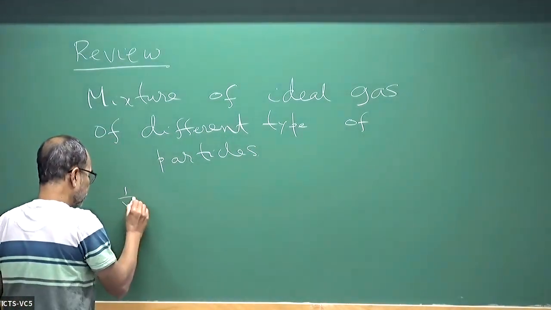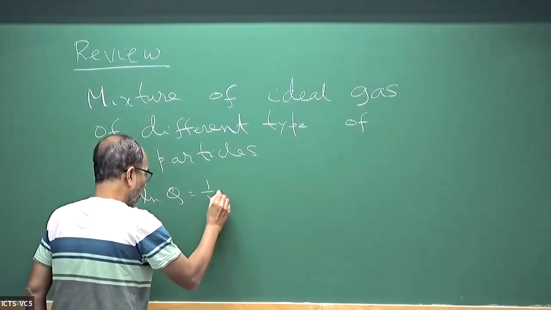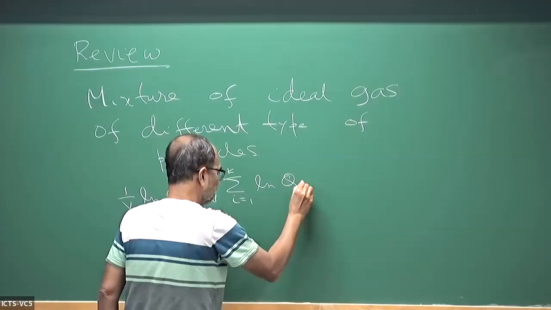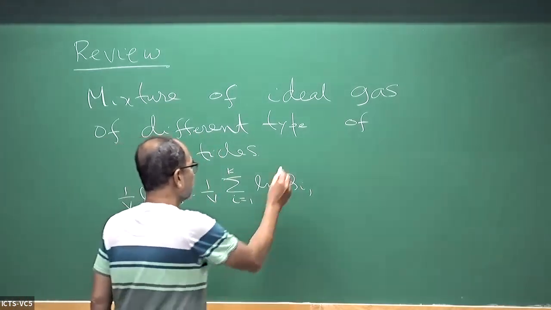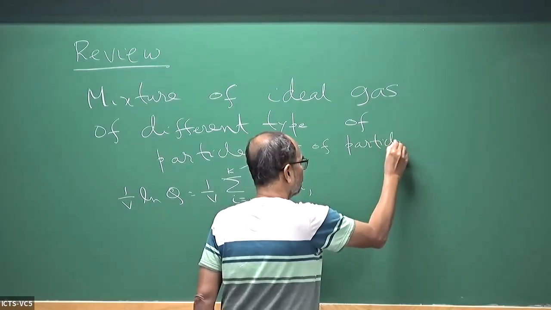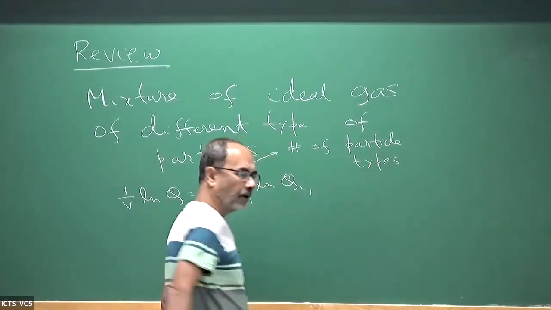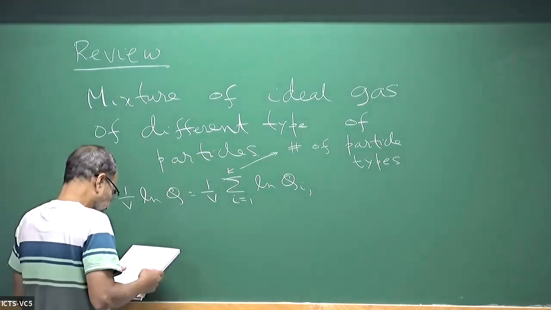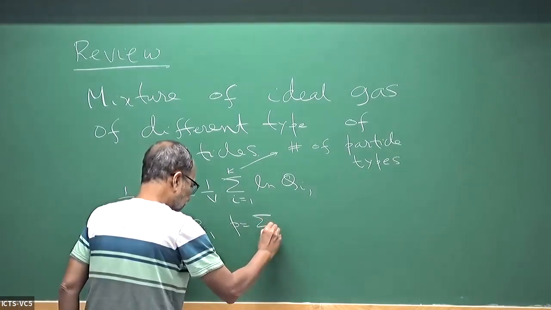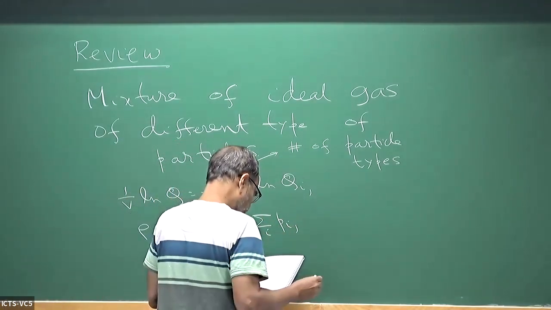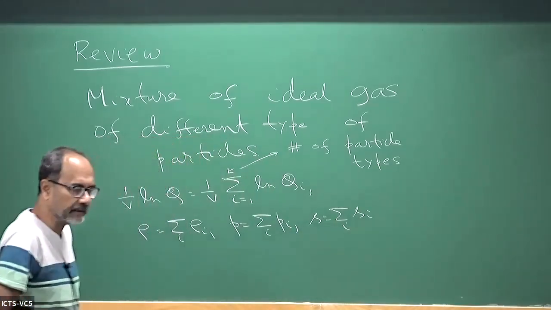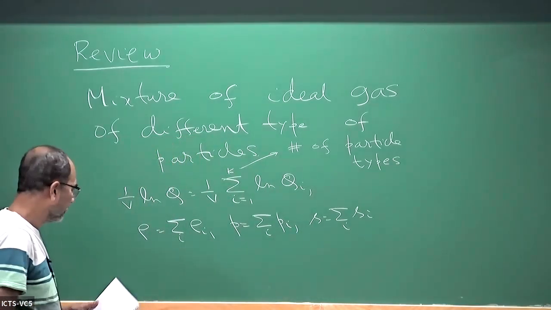Then we have the relation that 1 over V log Q is 1 over V sum over i, where i runs from 1 to K, and K is the number of particle types. Similarly, we can establish these relations: rho is the sum over i of rho_i, E is the sum over i of E_i, S is the sum over i of S_i, and so on. Because the particles are non-interacting, you just add up the results for rho, P, and S.